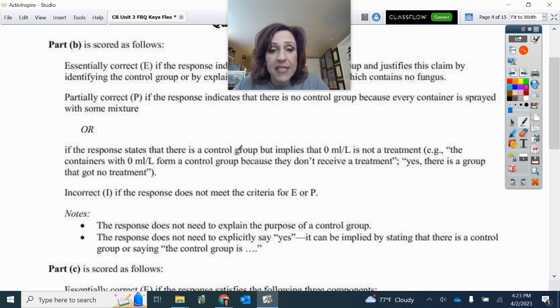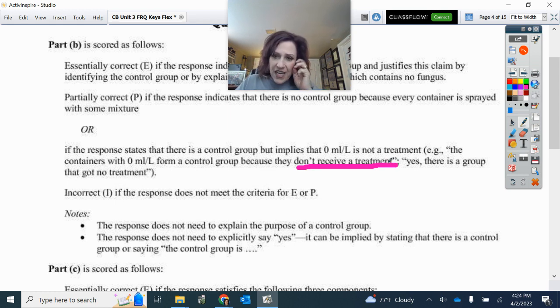If you say there is a control group but imply the 0 milliliters per liter is not a treatment, like you say the container with 0 milliliters per liter forms a control group because they don't receive a treatment, then that actually knocks you down. Interesting.